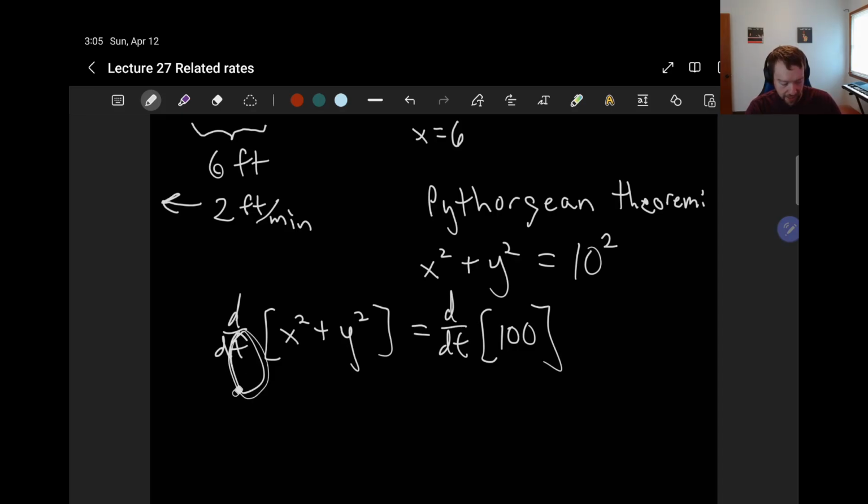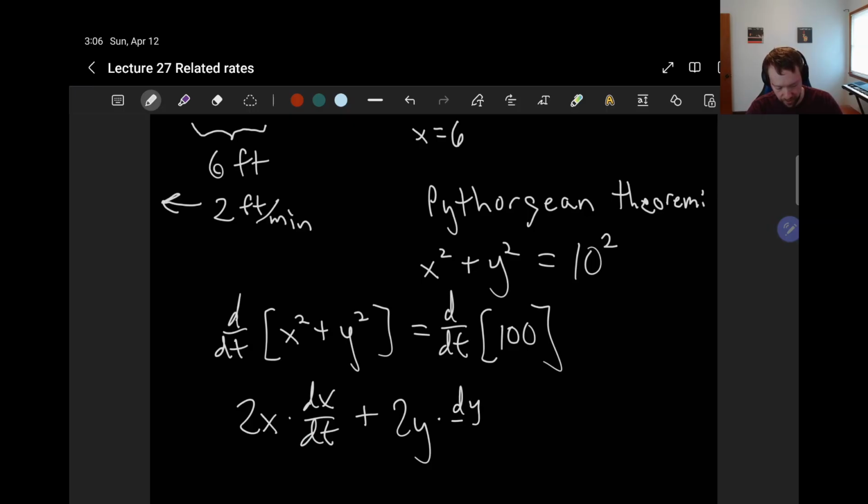My variable is t. So for this first derivative, I get 2x times dx dt. And then for the y squared part, I get 2y times dy dt. And that equals 0.